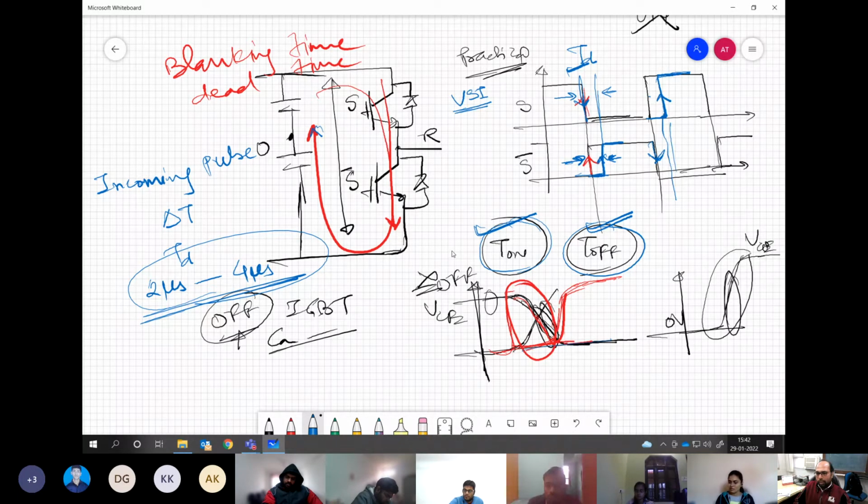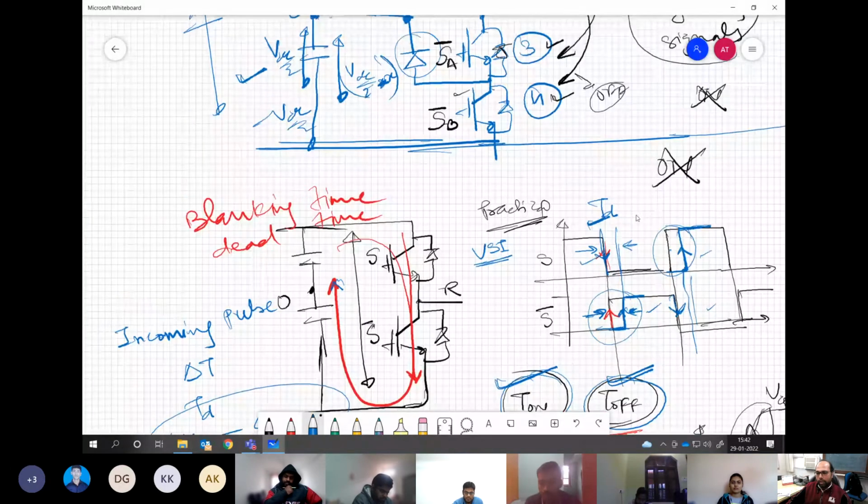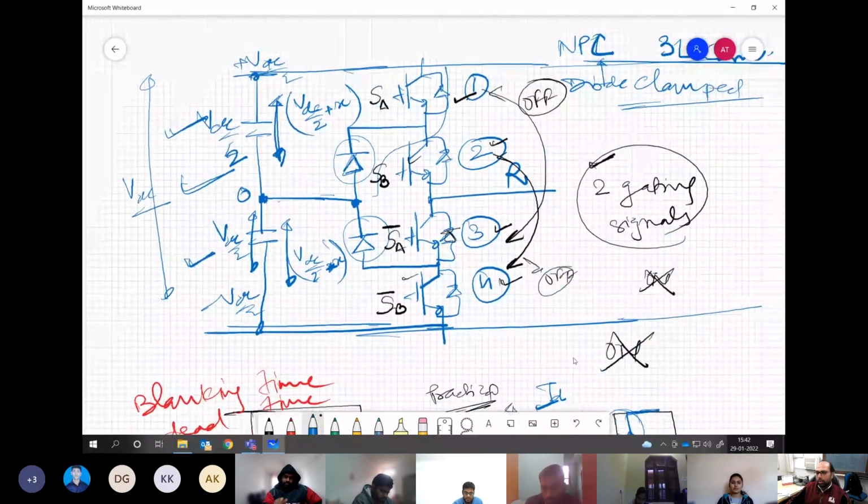Otherwise, these pulses are complementary apart from this blanking time. Understand the point? Yes, sir. Clear? So this is the concept of dead time, which must be ensured in case of any voltage source converter.